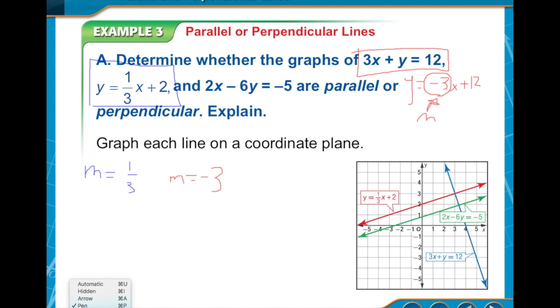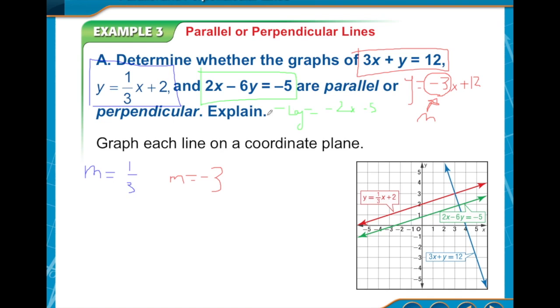What about for the third line if we compare? Well, this third line, we're also going to need to look at how to get y by itself. So if we shuffle this around, we would get -6y equal to -2x minus 5.